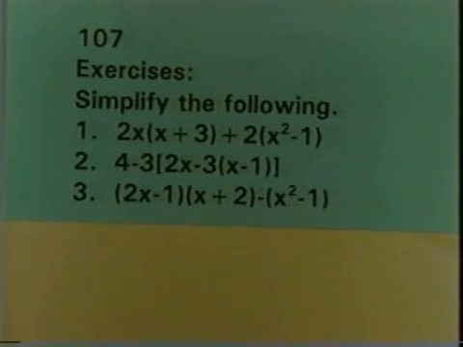Or that reads 4 minus 3 bracket 2x minus 3 parenthesis x minus 1 close parenthesis close bracket. The fourth one, the quantity 2x minus 1 times the quantity x plus 2, subtract the quantity x squared minus 1. Or it's 2x minus 1 times x plus 2, subtract x squared minus 1.